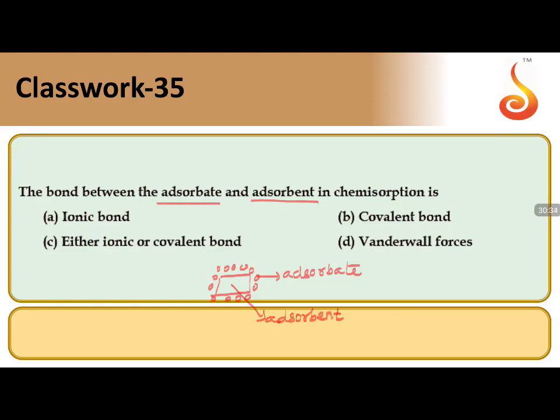The particles adsorbed are the adsorbate. And what is the bond present in chemisorption? I told you it can be any chemical bond, either an ionic bond or a covalent bond. So the answer should be option C, either ionic or covalent bond.